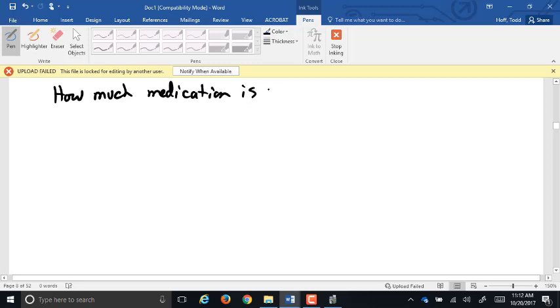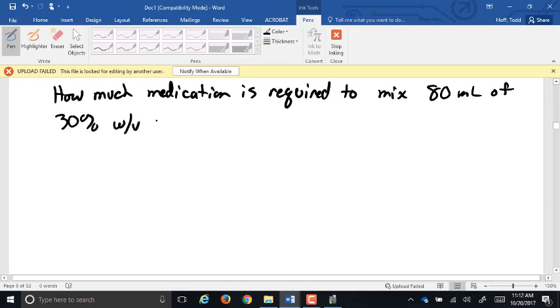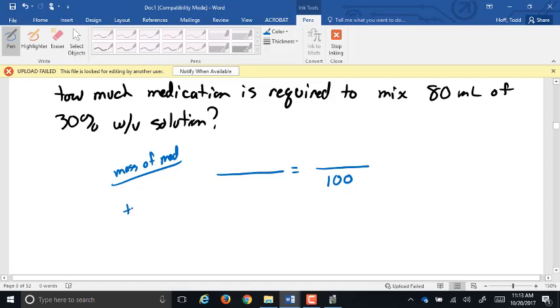How much medication is required to mix 80 milliliters of 30% weight and volume solution? Mass of medication.